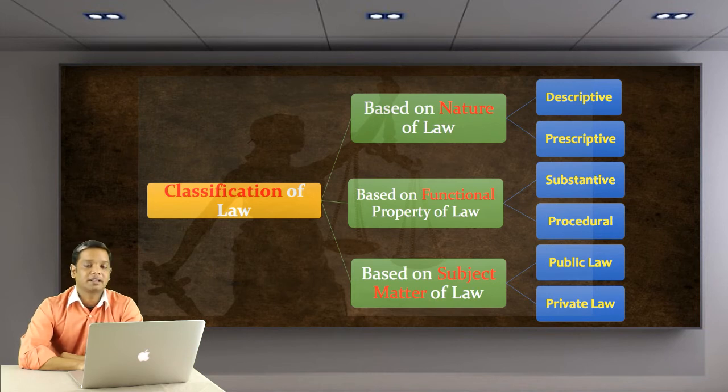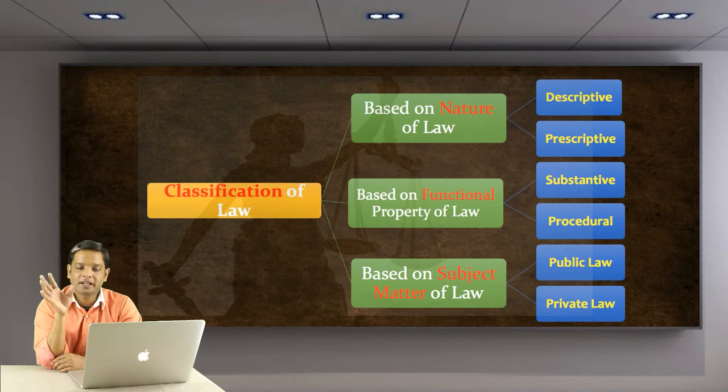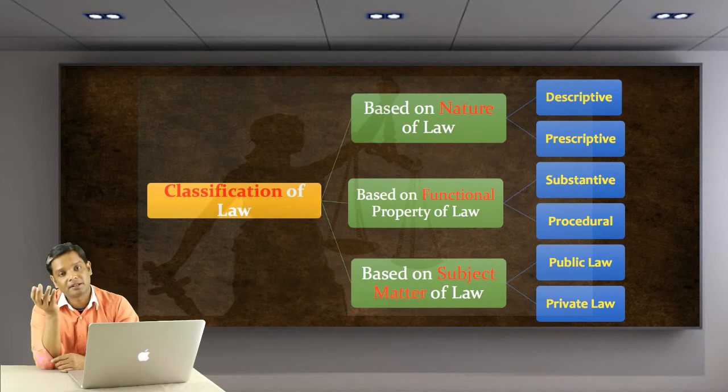Now the second category, that is based on functional property, we have two: substantive law and procedural law. Substantive law, what does it mean? Substantive law means the law, the instructions, the guidelines that define your rights, your freedom, the crime and the punishment.